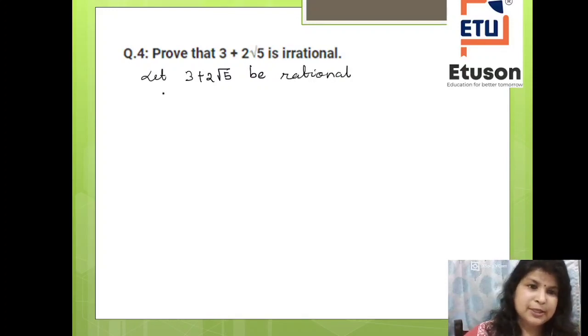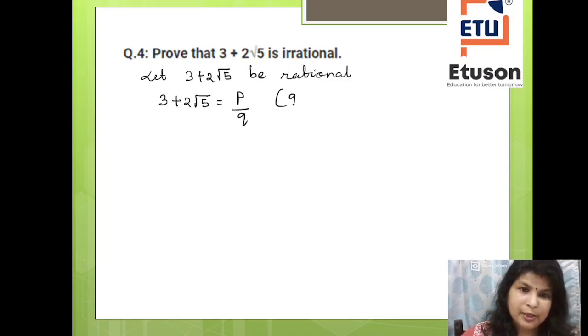Correct. So if it is rational, it can be written in the form of P by Q, where Q is not equal to 0 and P and Q are integers and co-prime. They are co-prime.